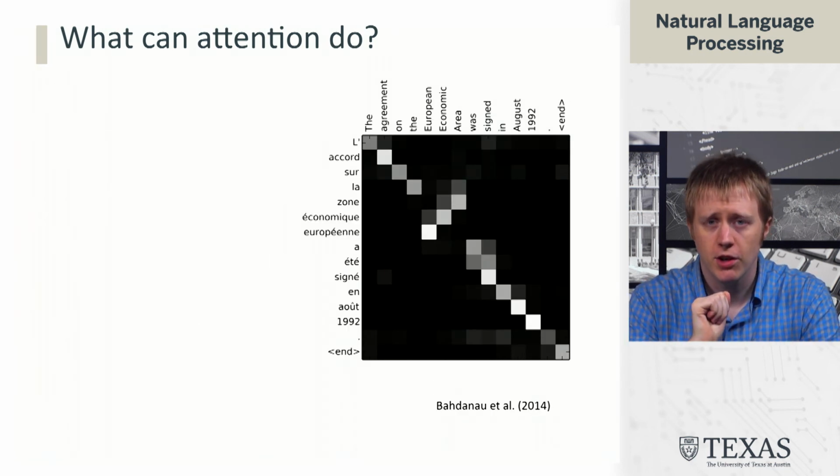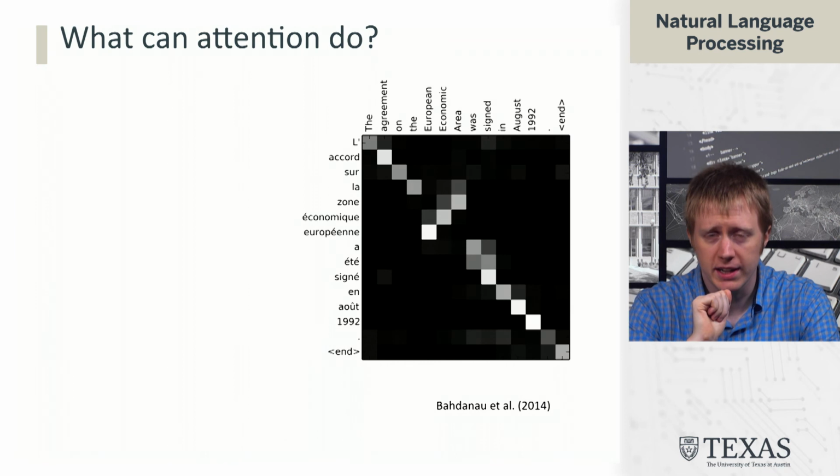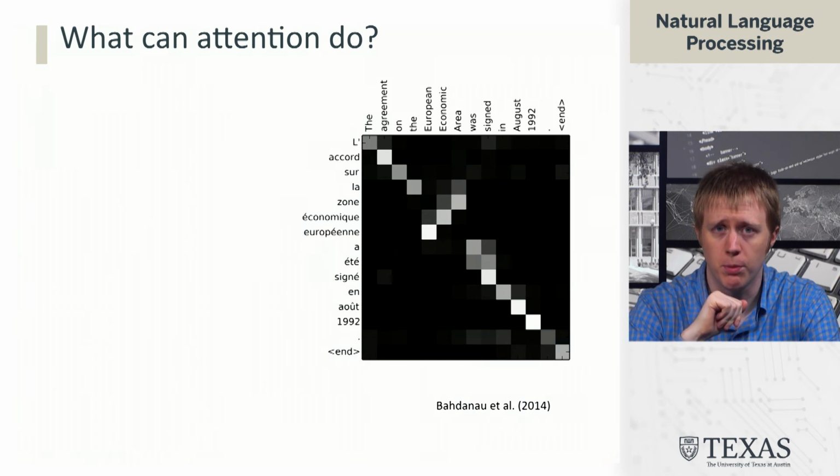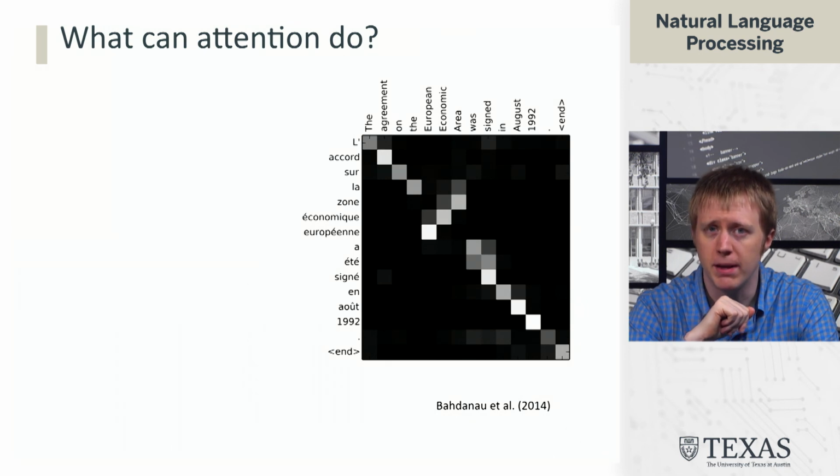Okay, so if we look at what it can actually do in the context of machine translation, it turns out it's very effective at walking this attention pointer through a sentence as it's doing the translation. So what we're showing here is basically light colored means that this token is being attended to.